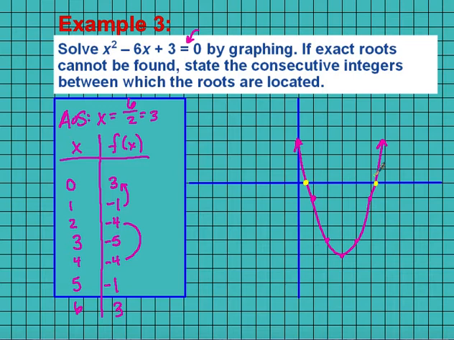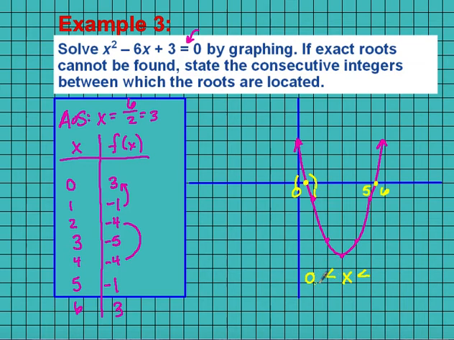Sometimes I can guess and say that it's at 1/2 or 5.5, or sometimes it's going to be harder to find. So for that reason, it says state the consecutive integers between which the roots are located. That's going to be located between 0 and 1. Here's 0, here's 1. And this is 1, 2, 3, 4, 5, and 6. So my consecutive integers, I do have two solutions.